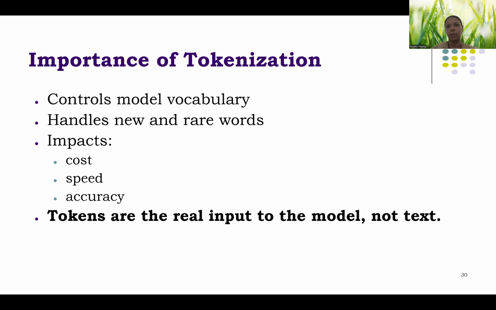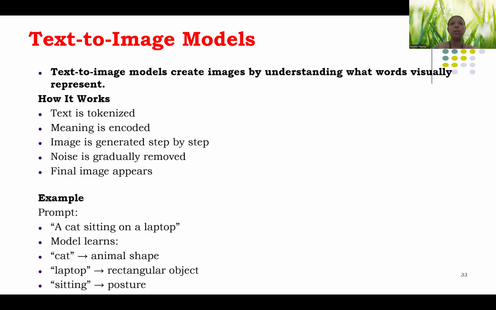So that is the working we already learned. So when I give a text to image model, here also the text will be taken and tokenized, it will be encoded, which means embeddings, and then the image is generated step by step. So noise will be gradually removed. So finally, we get an image.